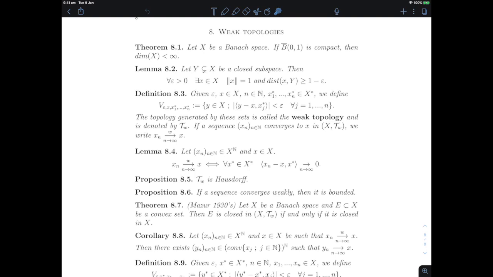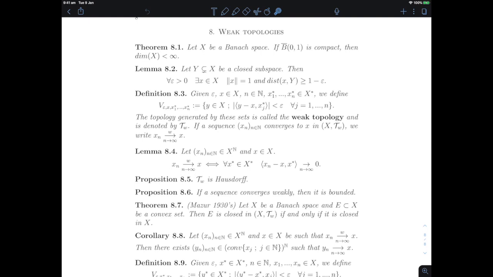Now, these sets are defined in which way? Well, they're your analogs of open balls for that topology, the neighborhood. So you give yourself an epsilon, which is the size of the neighborhood. You give yourself a point, which is like the center of the ball. And then you give yourself finitely many functionals in the dual.